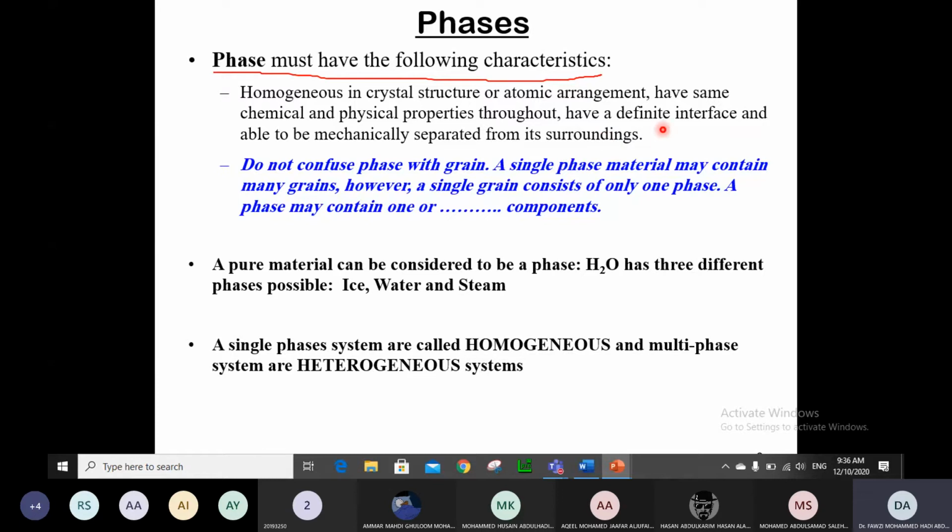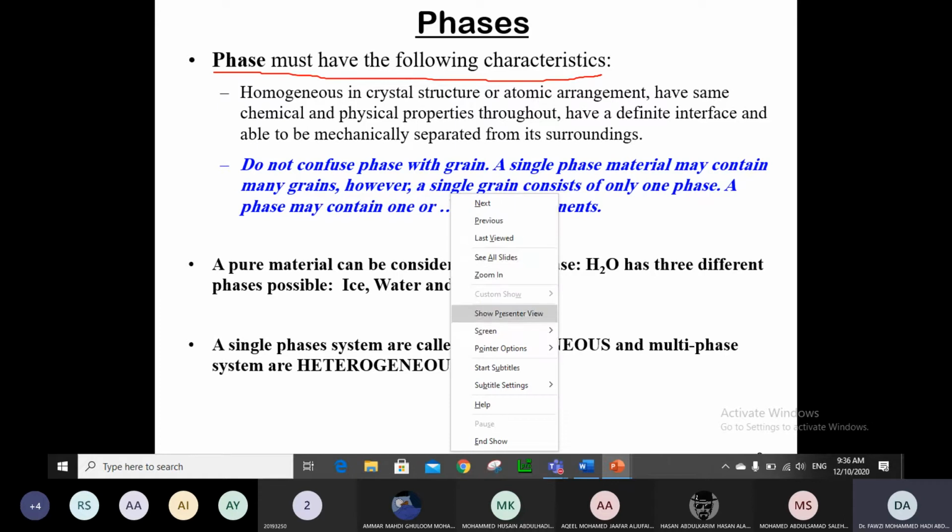This is what we need to see in a phase. One thing also, so that you don't get confused: do not confuse the phase with a grain.